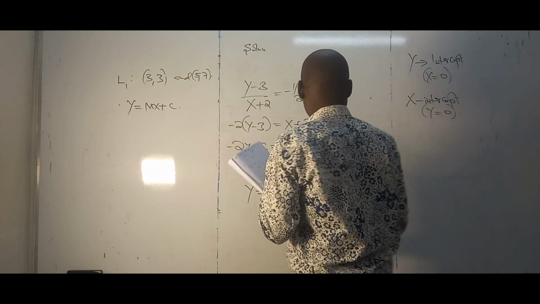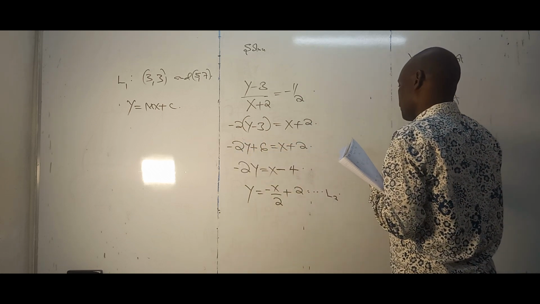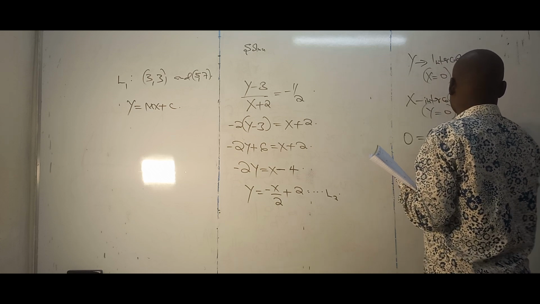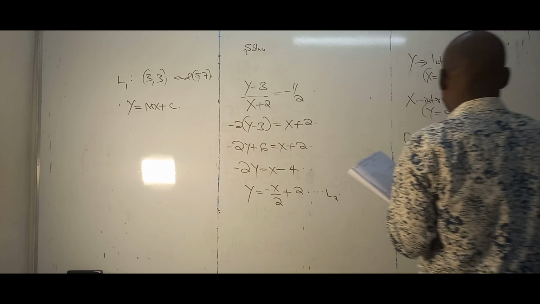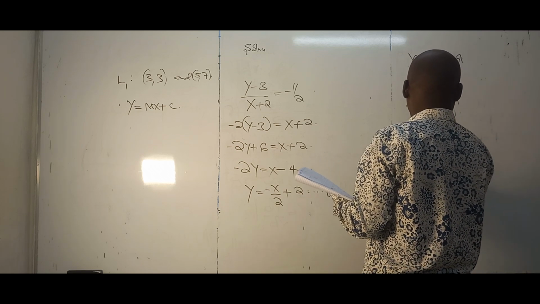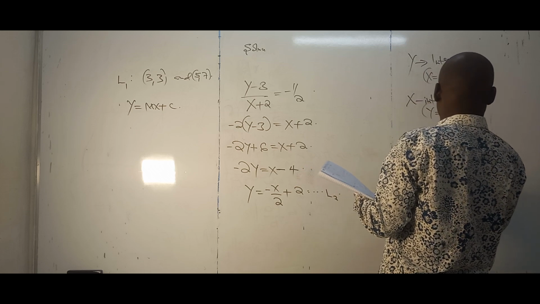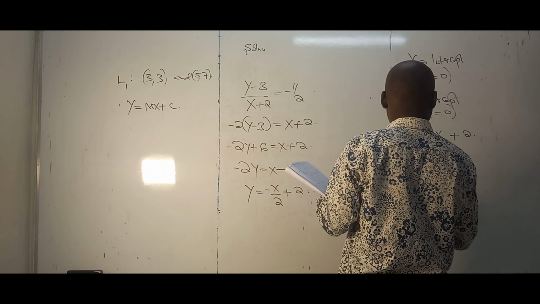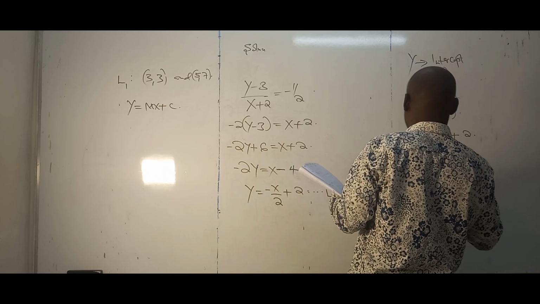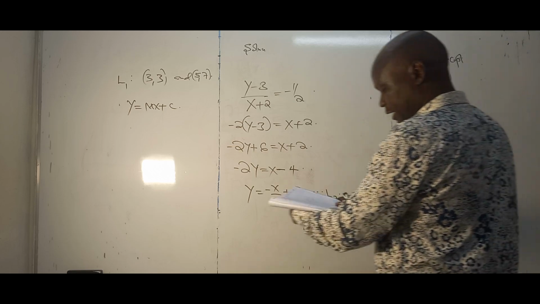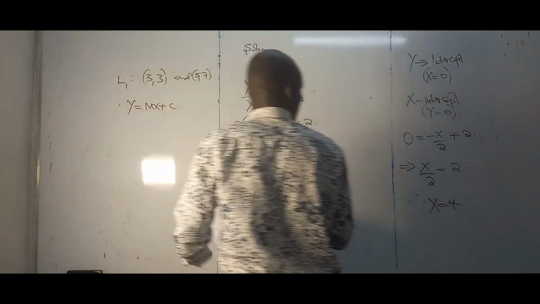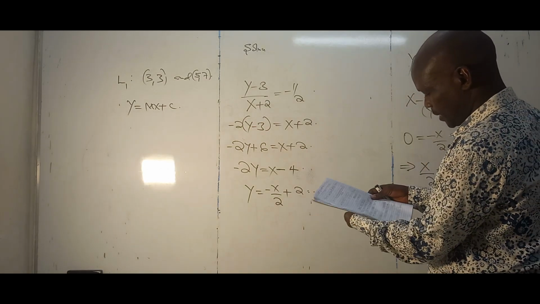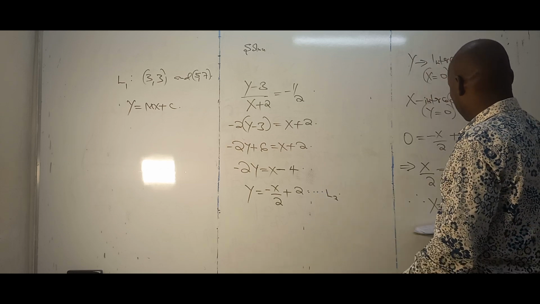So we say 0 is equal to minus x over 2 plus 2. That implies x over 2 is equal to 2, and so x is 4. Then the x-intercept of L2 is 4.